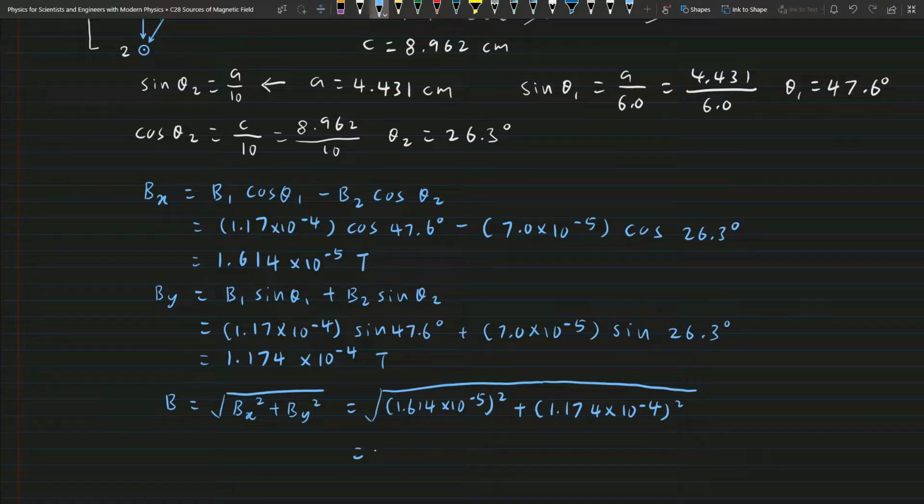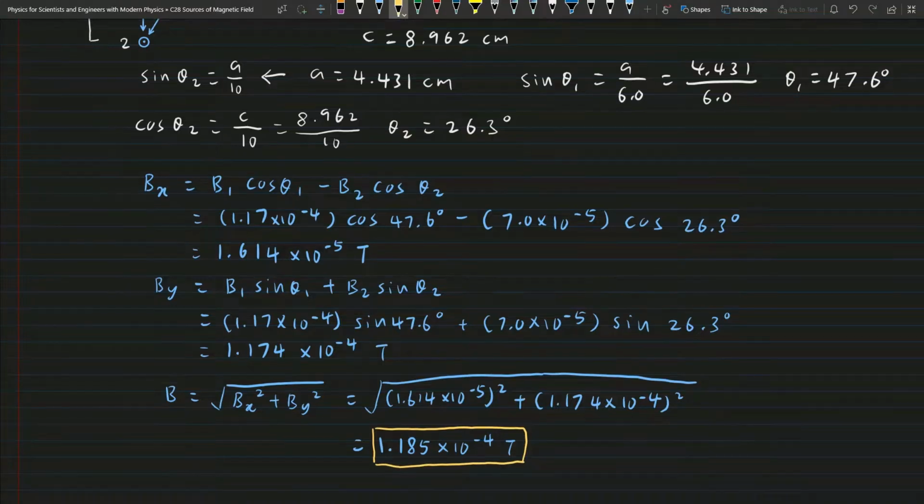I get 1.185 times 10 to the negative 4 Tesla. Now this is the magnitude of the magnetic field at the point P.